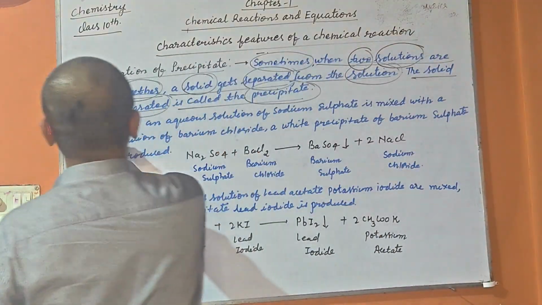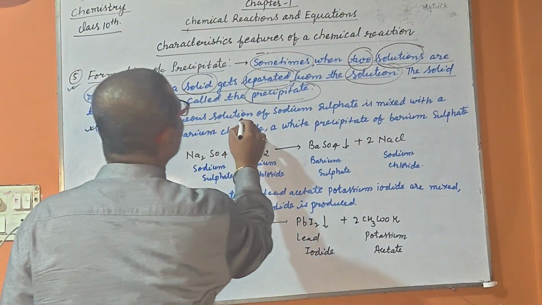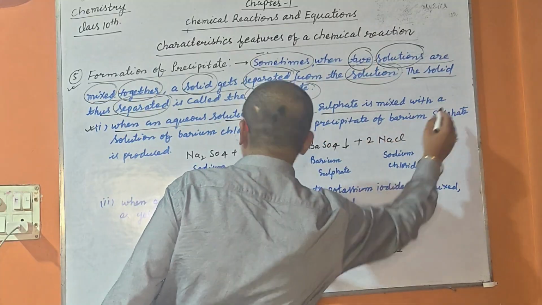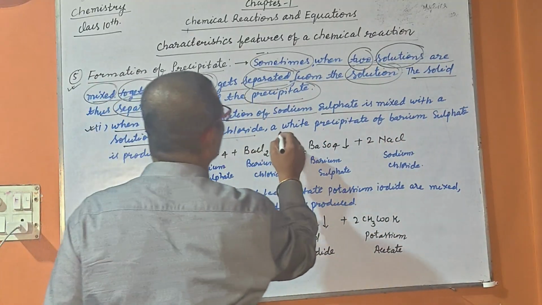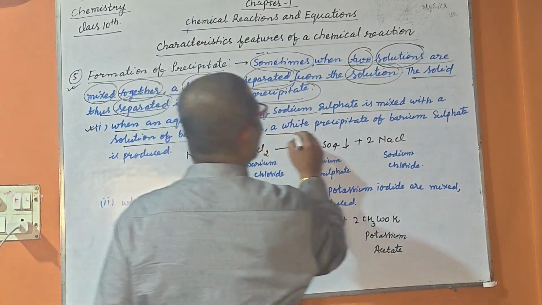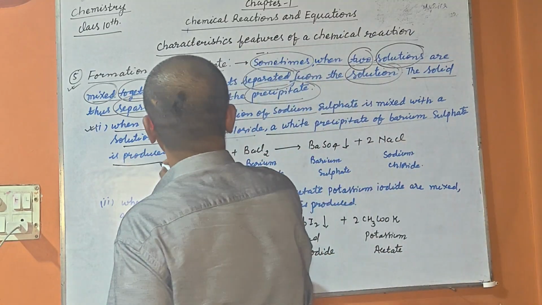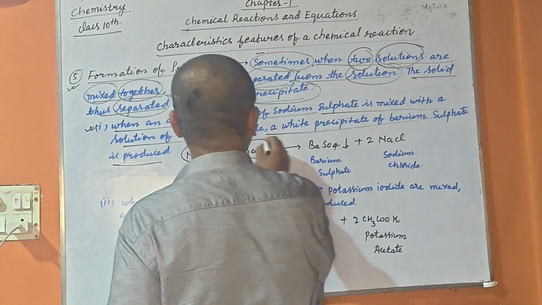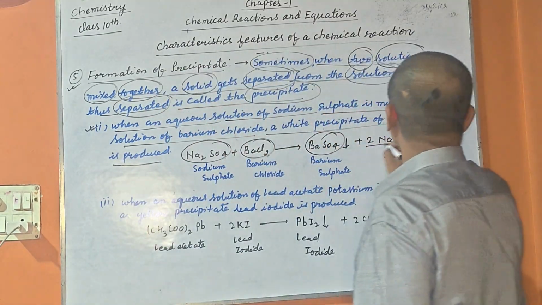Let us understand it with the example. When an aqueous solution of sodium sulfate is mixed with a solution of barium chloride, a white precipitate of barium sulfate is produced. Na2SO4 plus BaCl2 gives BaSO4 precipitate plus 2 NaCl.